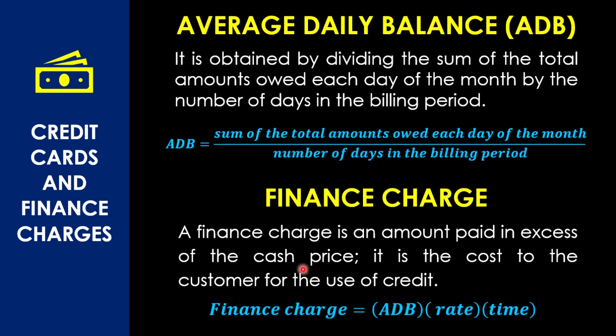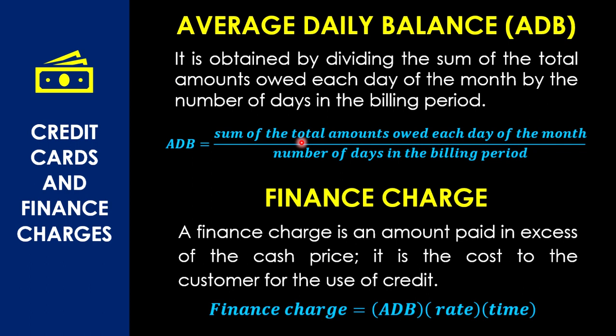In order to solve for the finance charges, we need to consider the average daily balance. It is obtained by dividing the sum of the total amounts owed each day of the month by the number of days in the billing period. So we have the formula: the sum divided by the number of days.